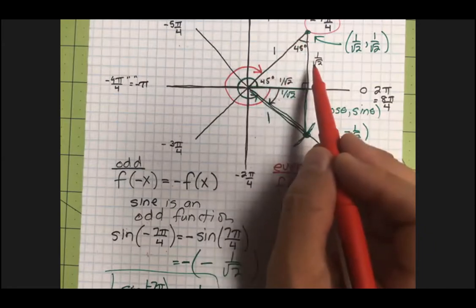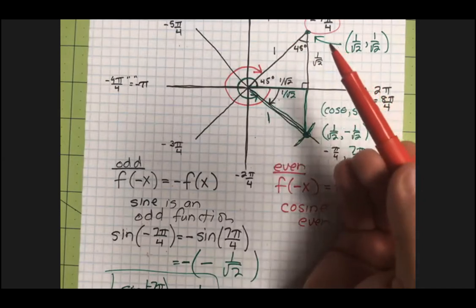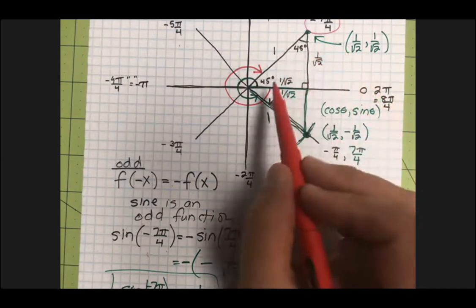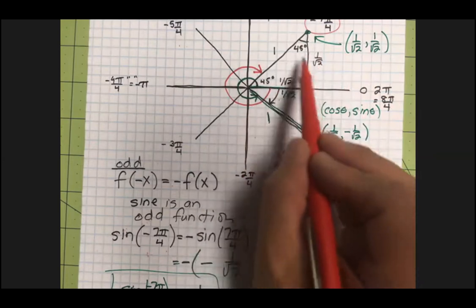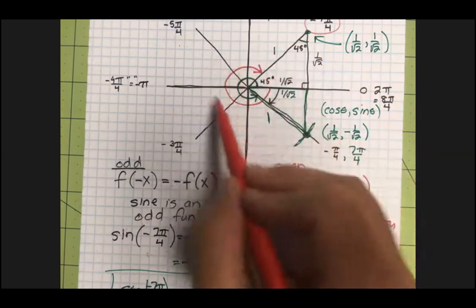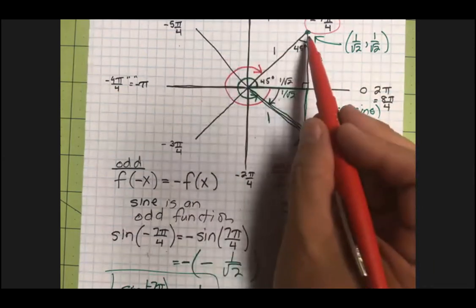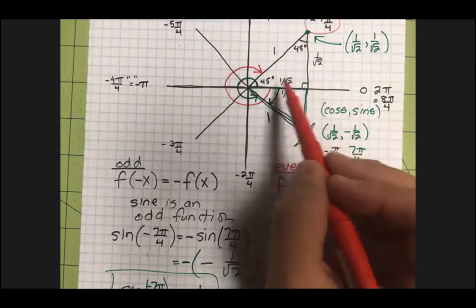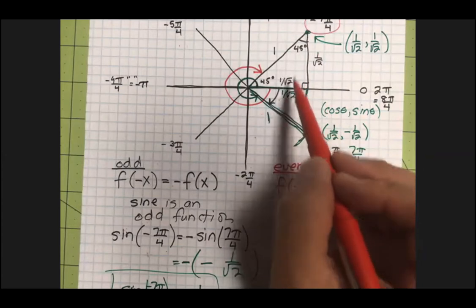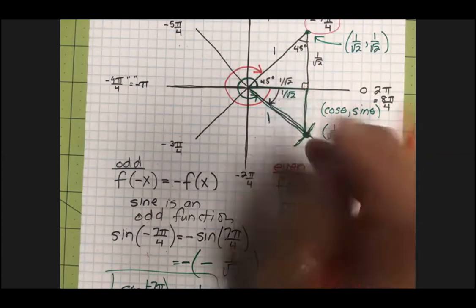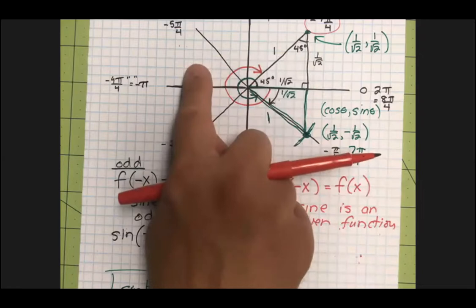If it's not famous, I'll use a calculator. But you can identify every angle around a circle, whether you go clockwise or counterclockwise. You can identify every angle around the circle by using the reference triangle and shifting reference triangles to various places.